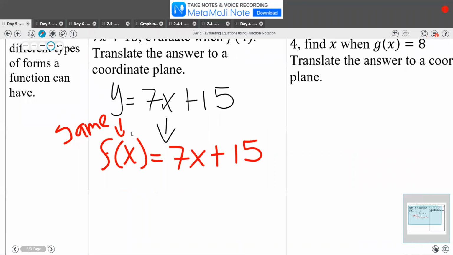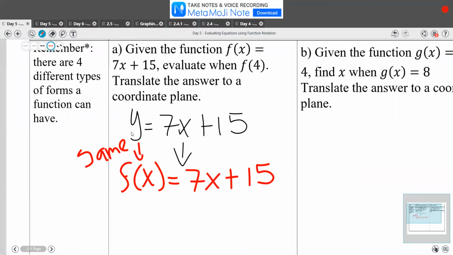Now, when it comes to function notation, we're going to be evaluating, which means that we're going to be replacing the x value for a number. So notice that the question is asking us to evaluate f of 4, okay?